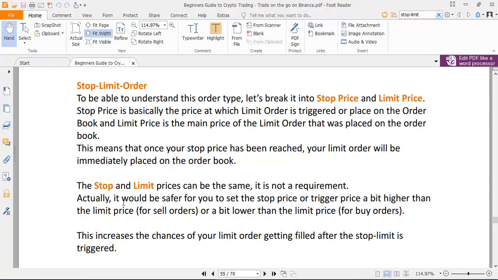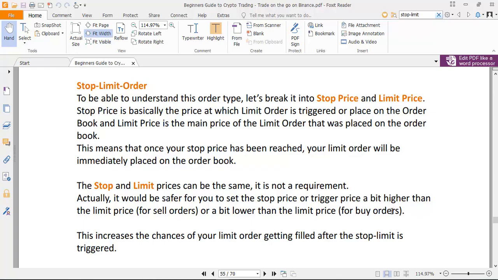Now, actually, it would be safer for you to set the stop price or trigger price a bit higher than the limit price for sell orders. That is, when you want to sell, it is good to make the stop price higher than the limit price, or a bit lower than the limit price for buy orders.